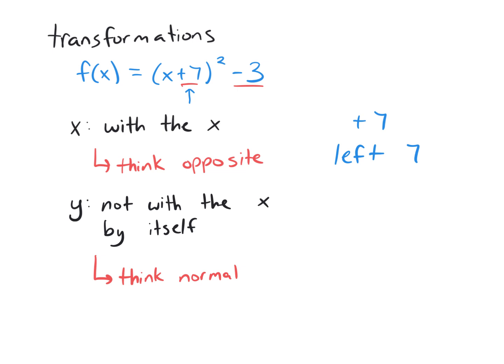Make another note: the x's are left and right, and the y's are up and down. So with the y, we have this minus 3. What does that tell us? Down 3. Think normally, so we go down 3.